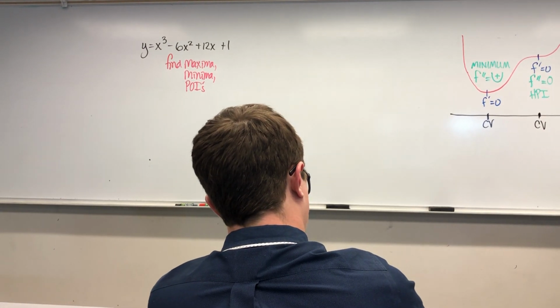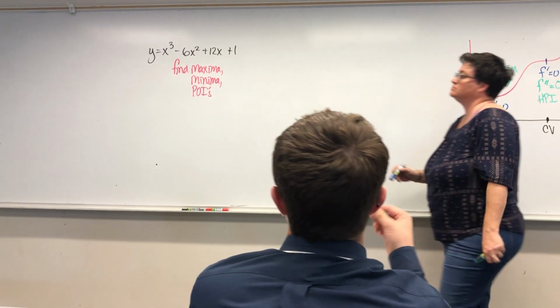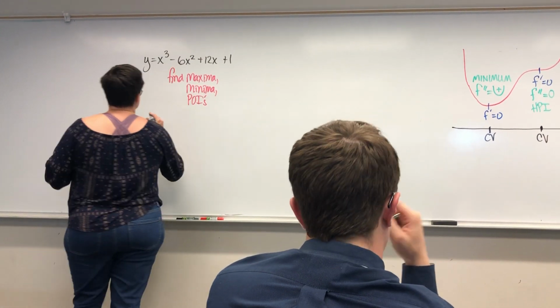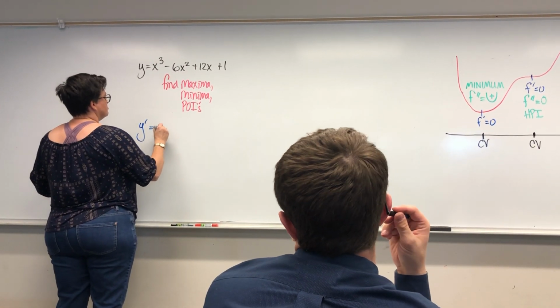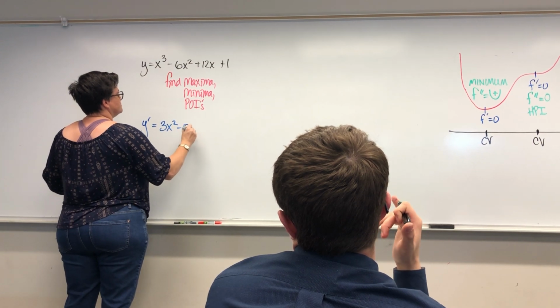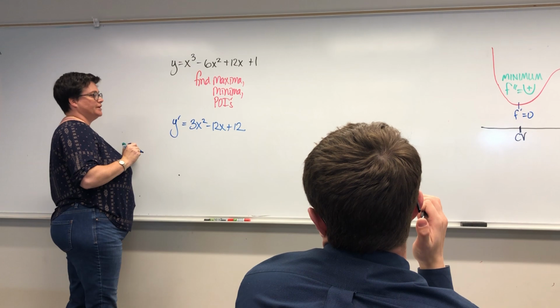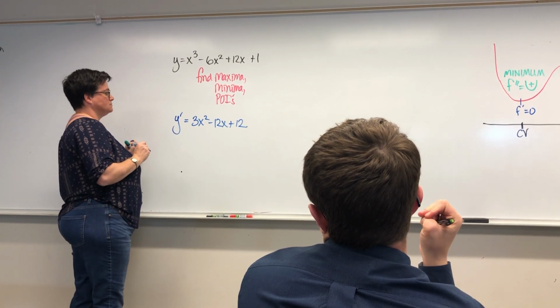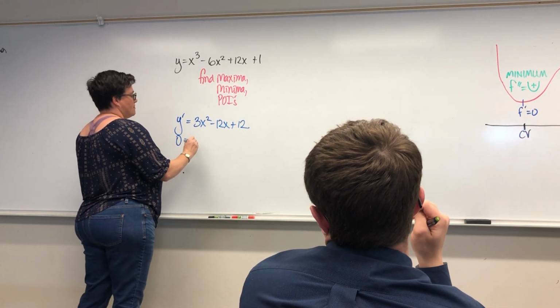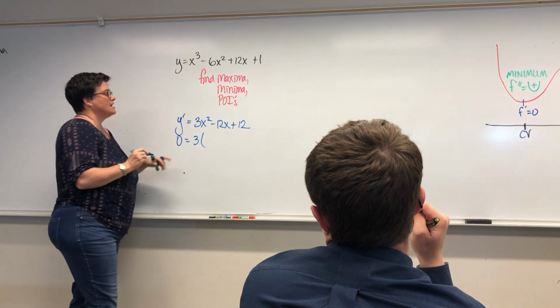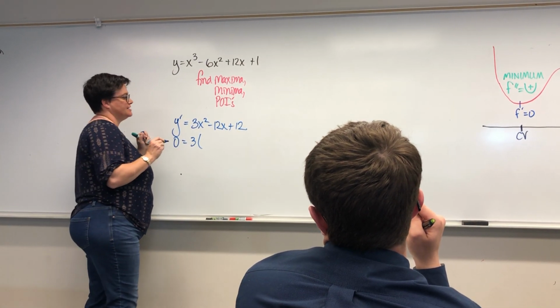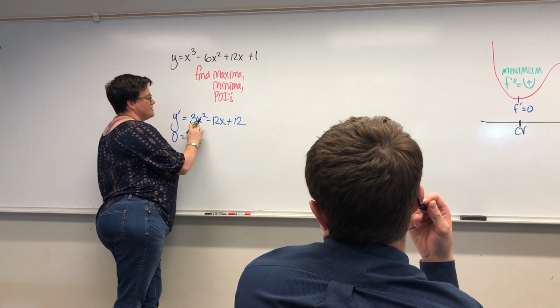What is it? 3x squared minus 12x plus 12. Okay. Groovy. Now what? Set it equal to 0. And while I'm at it, I'm going to factor out a 3 so that I can easily factor this puppy. So if I pull a 3 out of the first term, what's left?